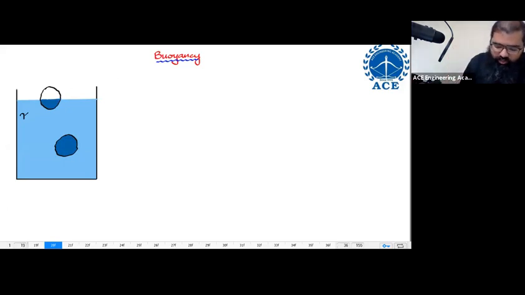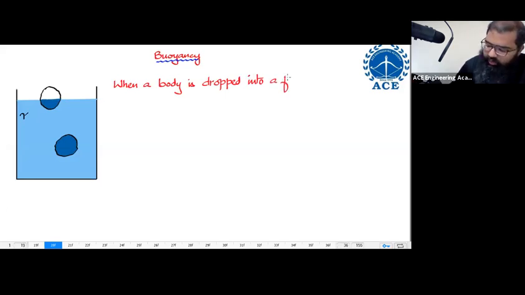So first thing to note over here, when a body is dropped into a fluid, the body displaces some volume of fluid.